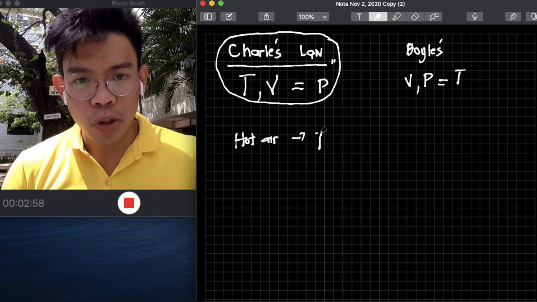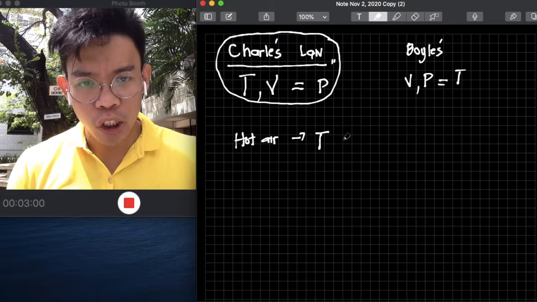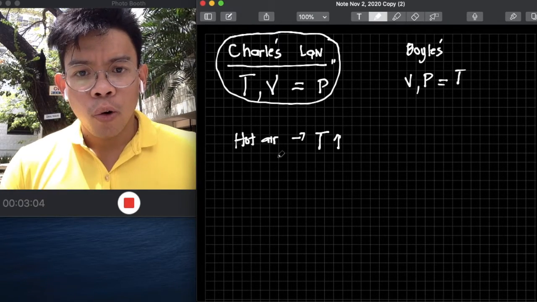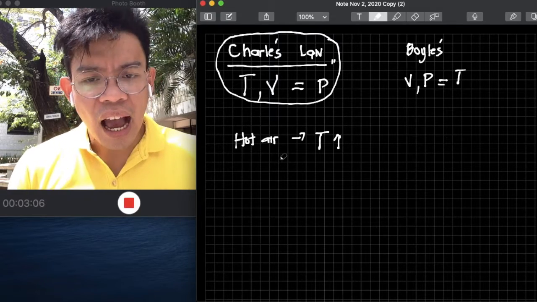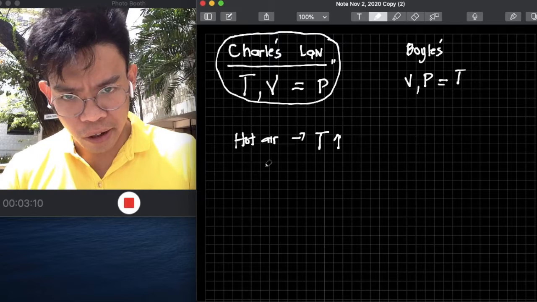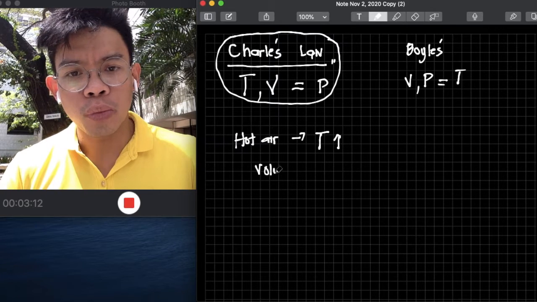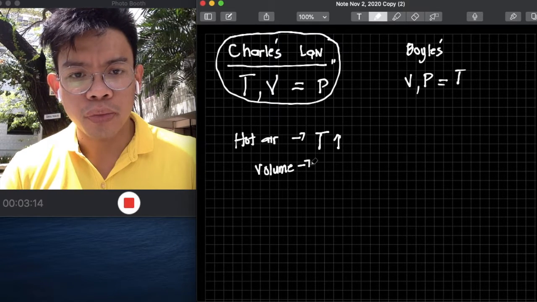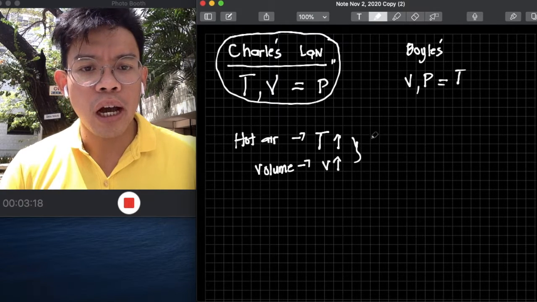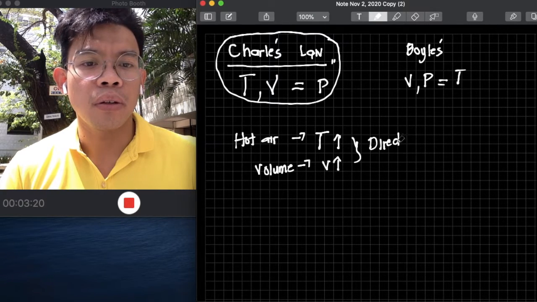So the temperature of that air molecule is higher. Then, when we inflate the balloon with the hot air, its volume also increases, right? So in this regard, we have a direct relationship.